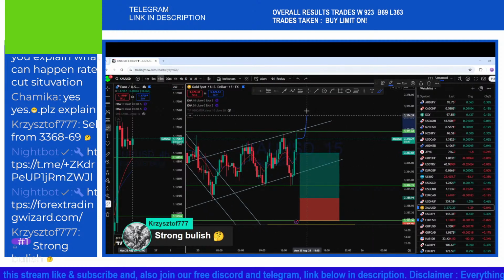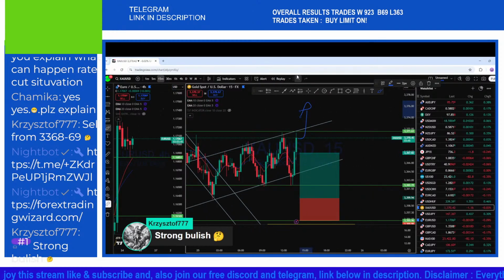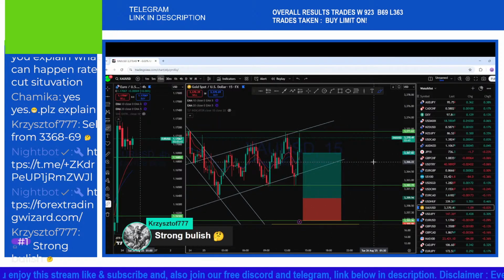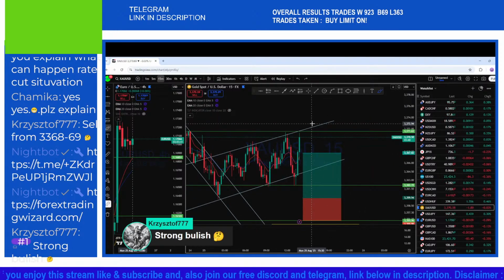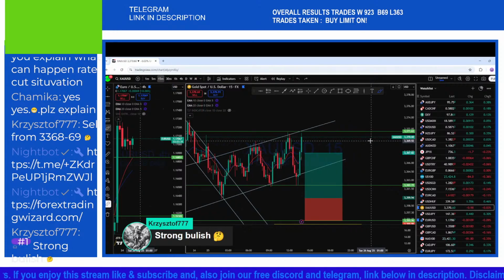There is a bull candle, expecting the market to push back here and potentially to continue to trend to create a new higher high in this market.